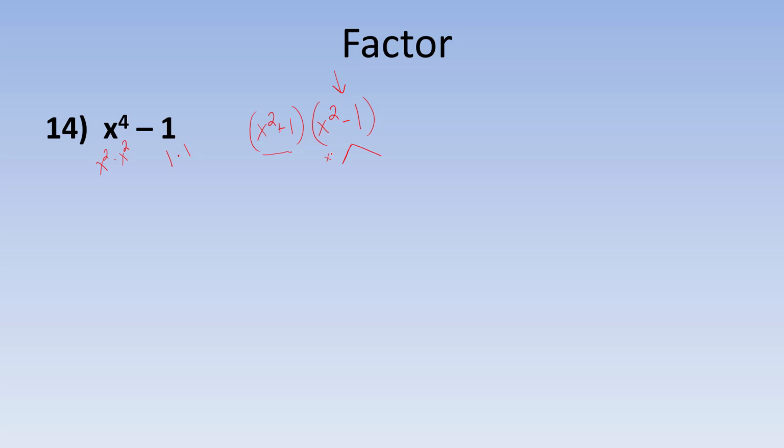X squared is a combination of x times x. 1 is a combination still of 1 times 1, which means we can split this binomial again into x plus 1, x minus 1. And just as we did with the 2 in the previous problem, we're going to bring our other term down because we cannot simplify it any further. And so our solution, x squared plus 1 times x plus 1 times x minus 1.